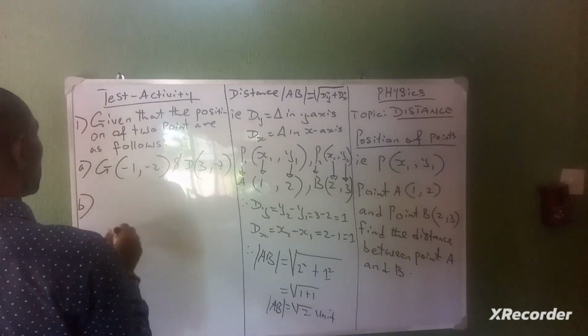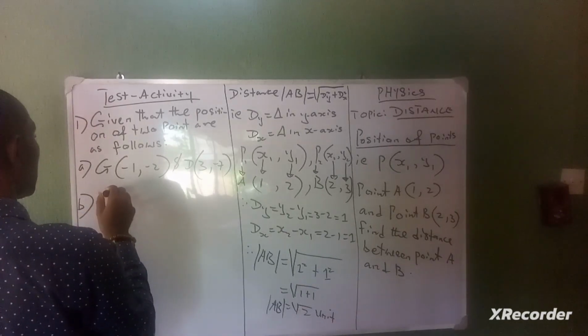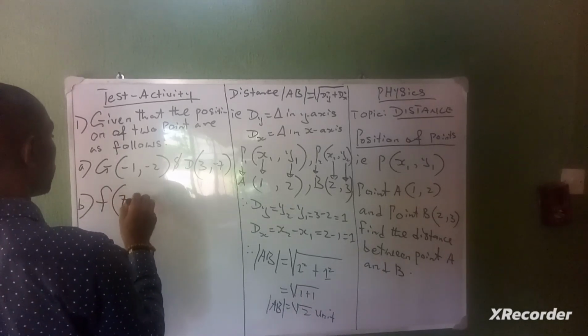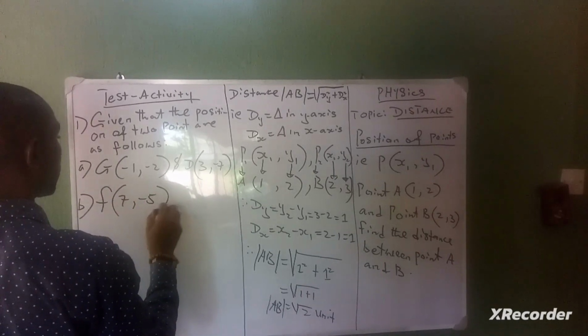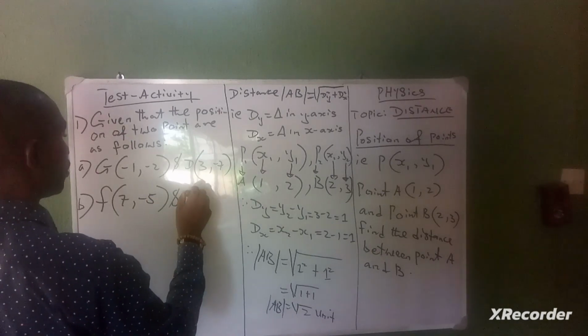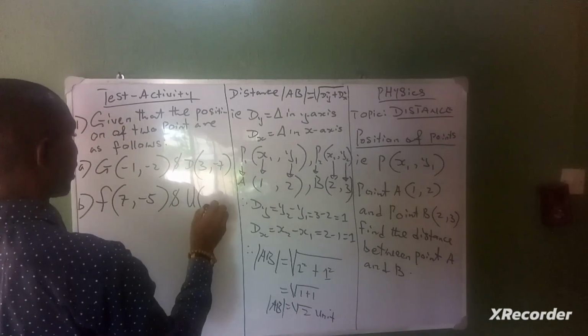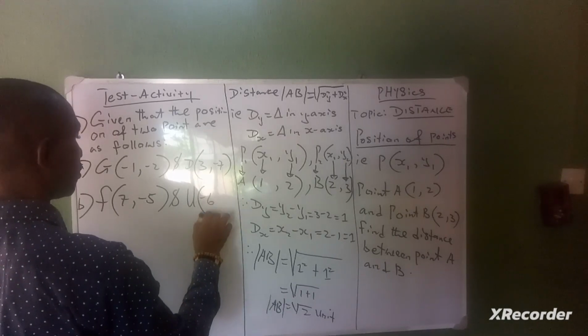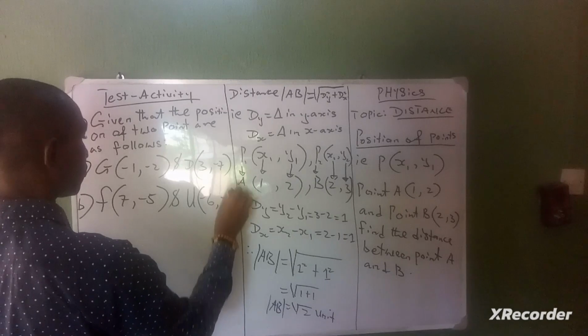Then B, you have F (7, minus 5) and U (minus 6, minus 9).